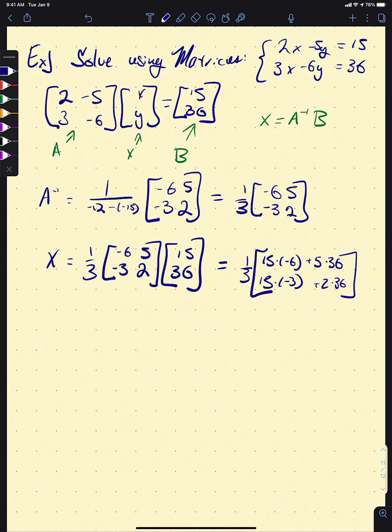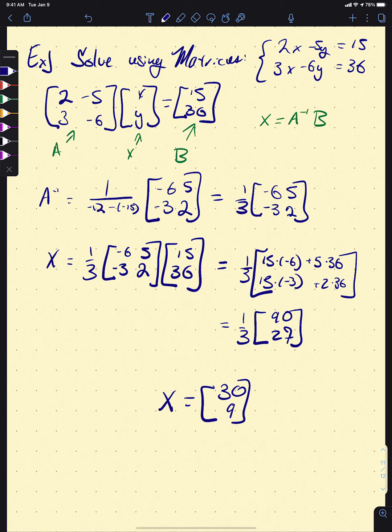And when you run through this math, you're going to get 1/3 times 90 and 27. But now I can multiply in my 1/3, and I can solve my system thusly with x is 30 and 9, right? When we have these 2 by 2 systems, rather than using a substitution or an elimination method, we can convert straight into matrices, get my inverse, and do some matrix multiplication instead.